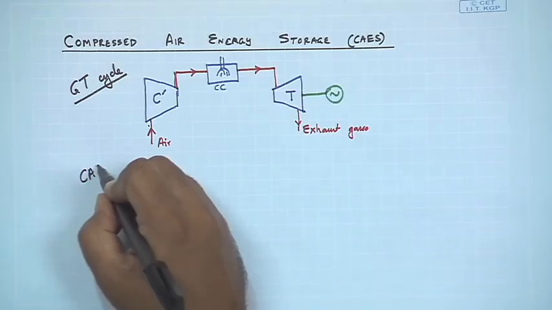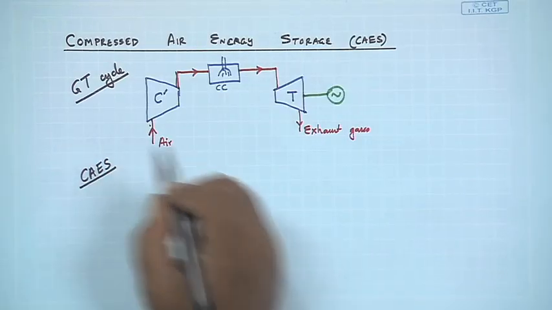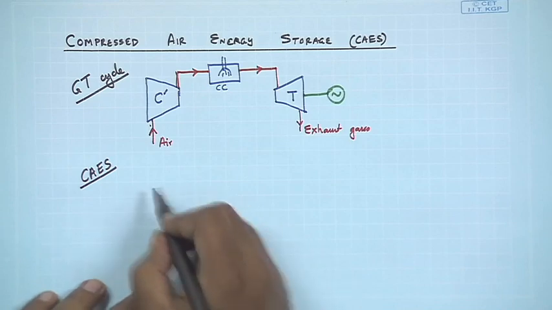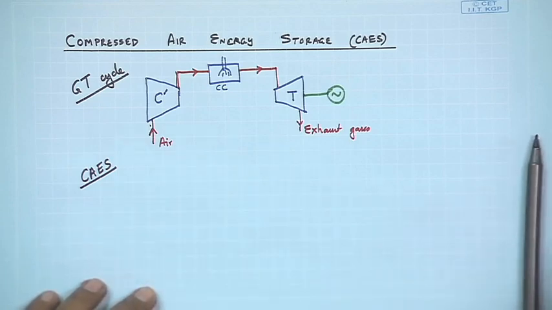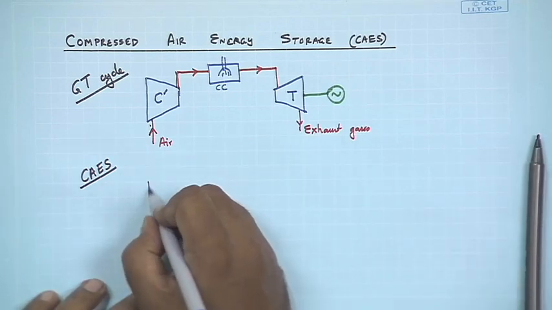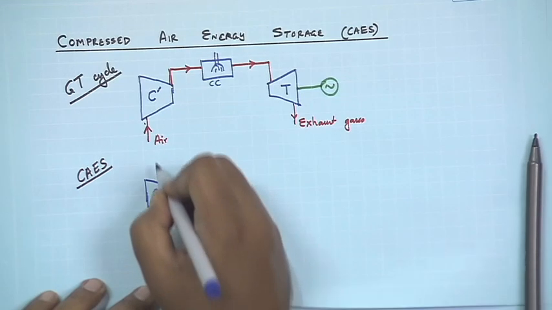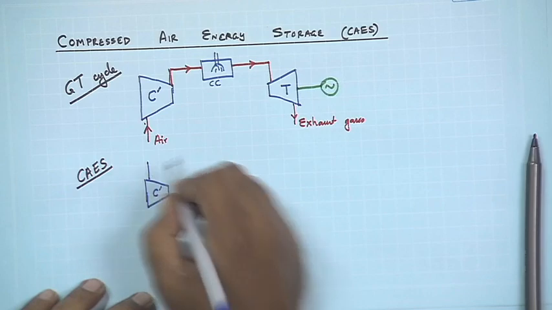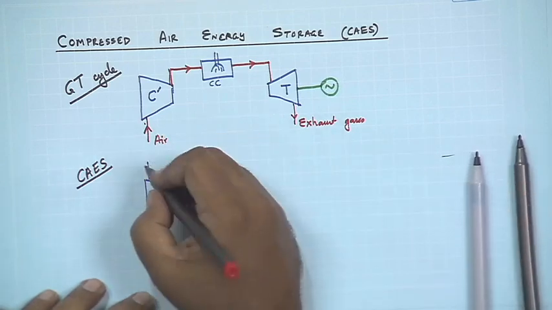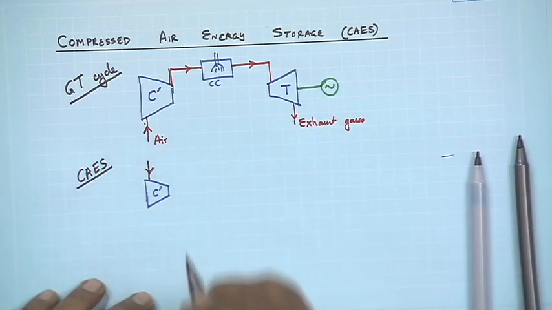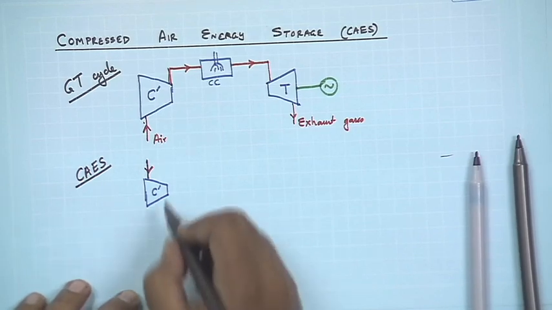All right. So, in compressed air energy storage, you have a compressor. And here the air comes in, over here, and it is compressed and comes out in compressed form.